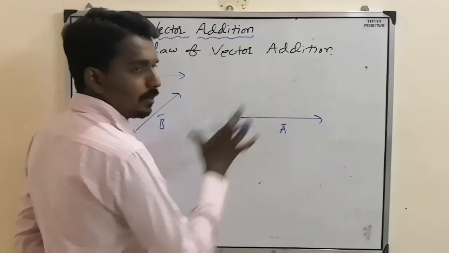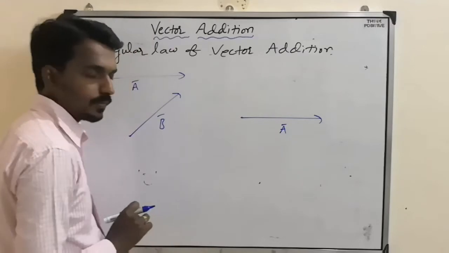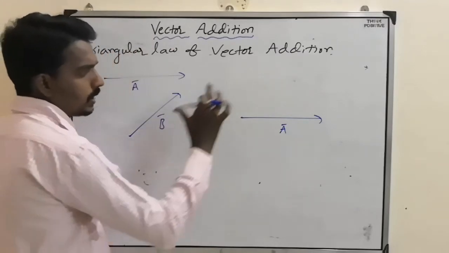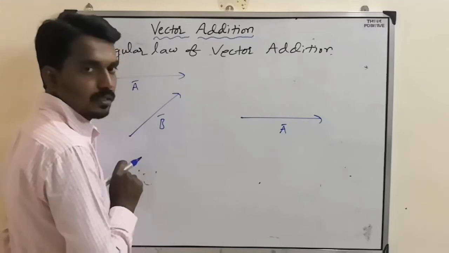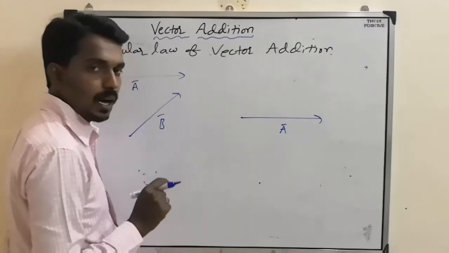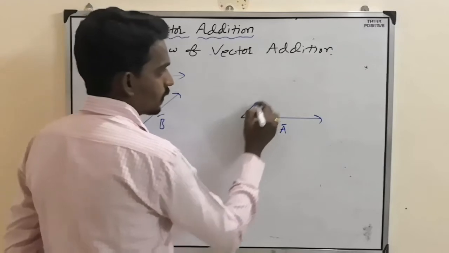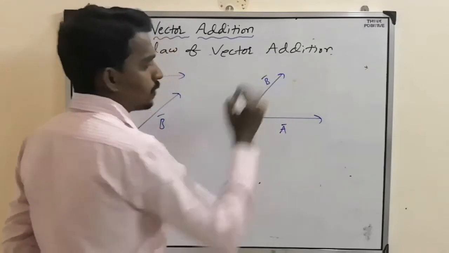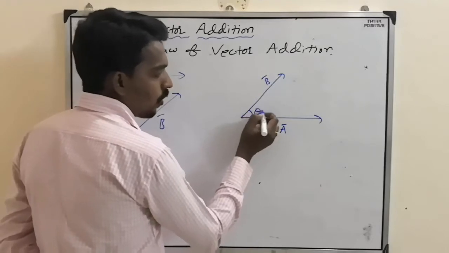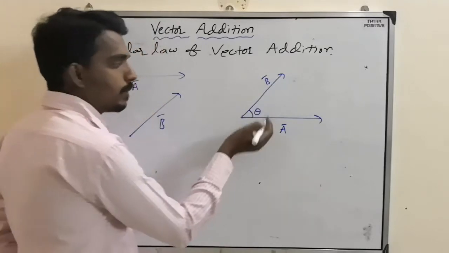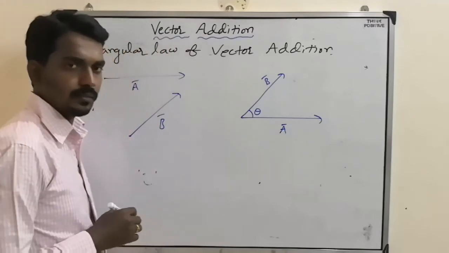Similarly, draw this B bar also here, such that the starting points of A bar and B bar are the same. Then this is B bar. Then this is called the angle between A bar and B bar.